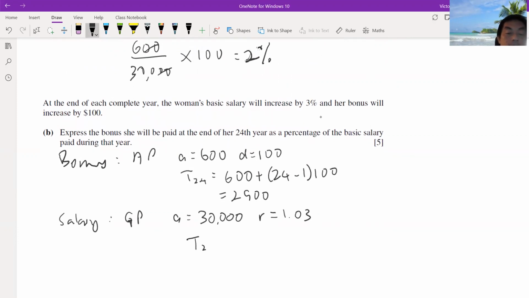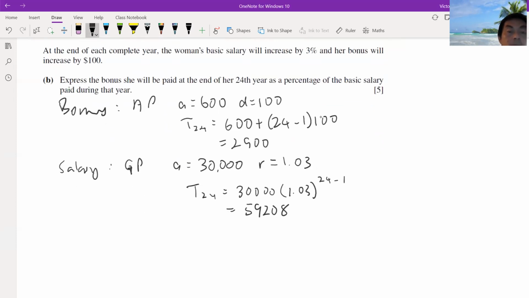So T24 is 30,000 times 1.03 to the power of 24 minus 1. That gives 59,208. So the percentage is 2900.